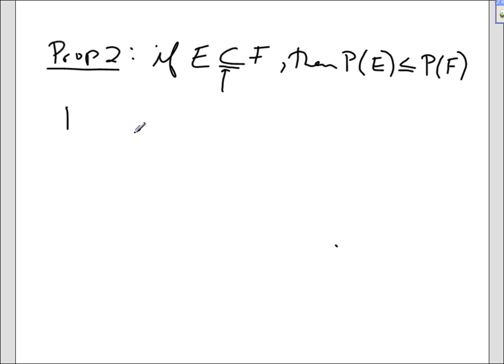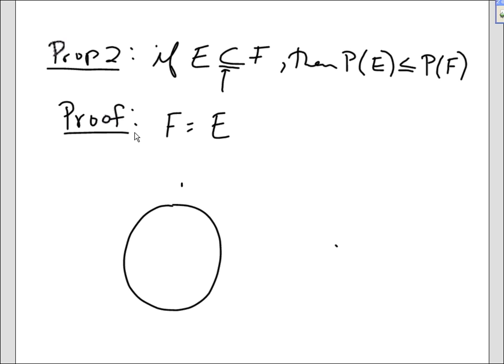Now, so let's write the proof. You prove the propositions. F is E. So again, here's F, and inside is E. So you have E, and then you add on this stuff.